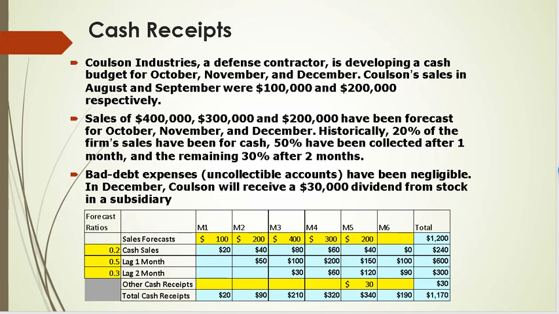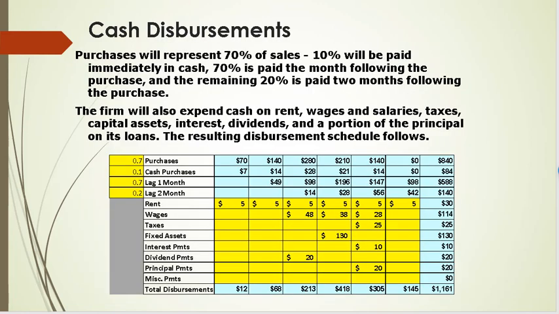So now we can calculate. We know what we expect moving forward, M3 through M6, for the next several months. We have an idea of what our cash inflow will be. What will the cash disbursements look like? Well, now we have to look at purchases. Purchases are 70% of sales. 10% are paid immediately, 70% is paid the month following, and 20% the month following that.